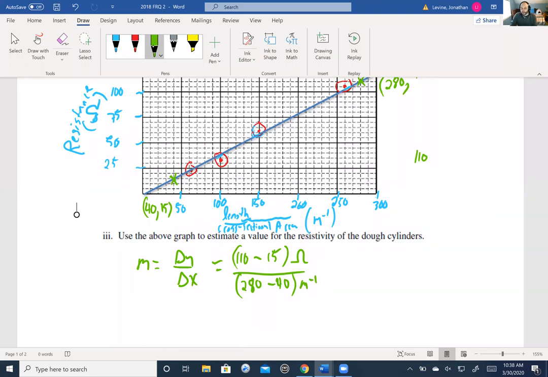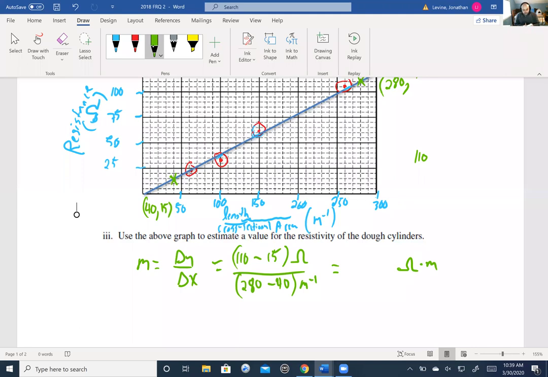By the way, when you divide by meters to the minus 1, it's the same as multiplying by meters. So my end unit should be the units of resistivity, which is ohms times meters, as expected, right?